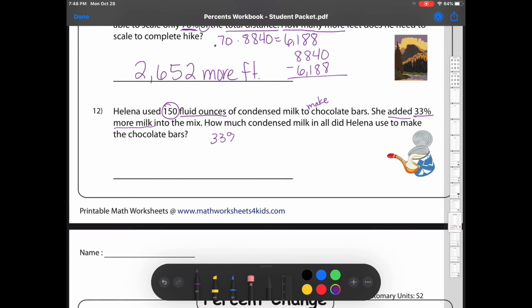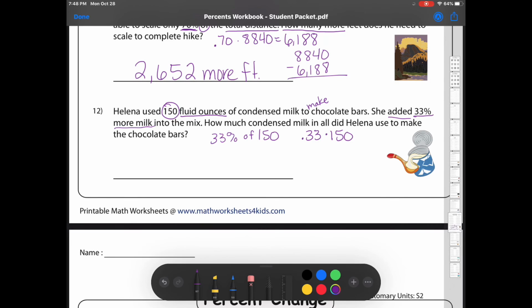So first of all, we've got to figure out what is 33% of 150 because we have to add that on to the 150 ounces. So in order to find that, we're going to multiply. We're going to turn our percent into a decimal. So 33 hundredths times 150 because the word of means multiply.